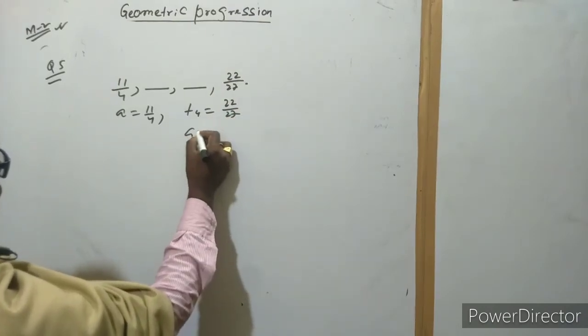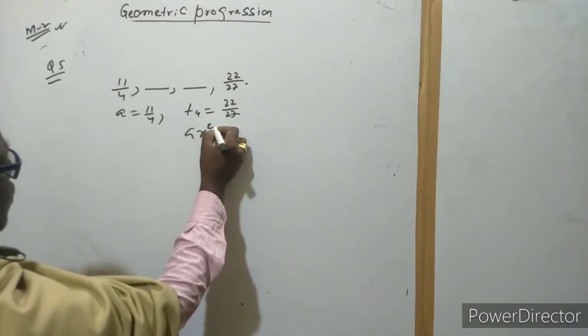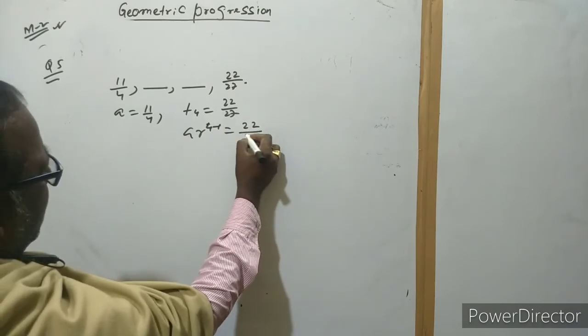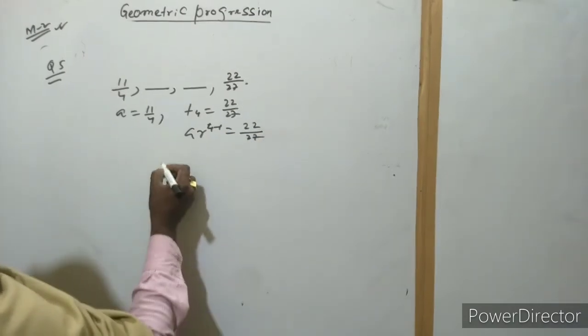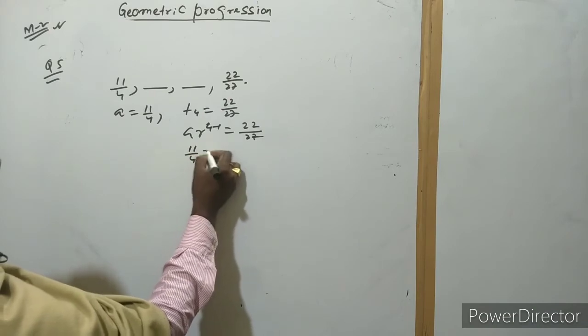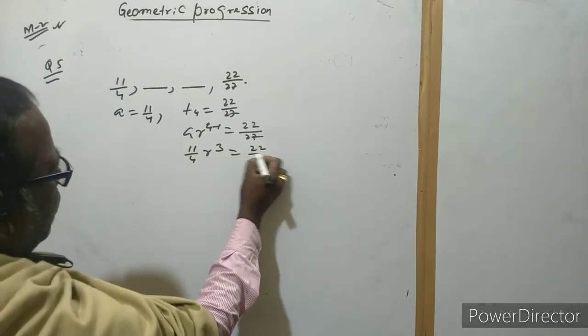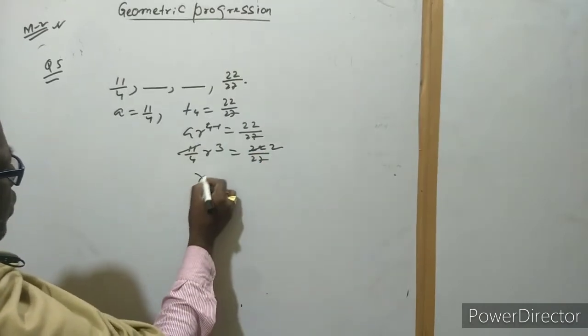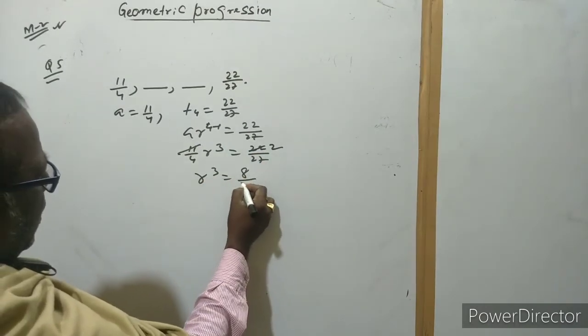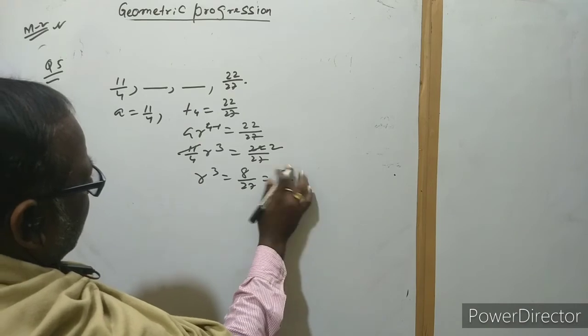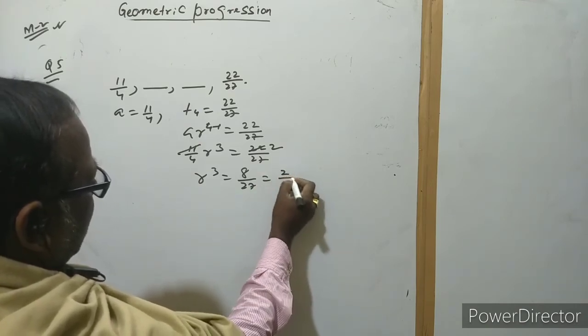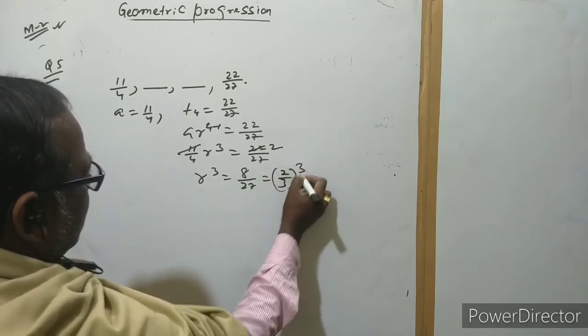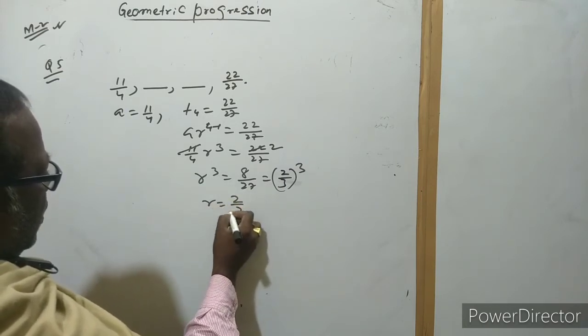We can easily write a into r to the power 4 minus 1 equals 22 by 7. a means 11 by 4 and r cubed is 22 by 7. So r cubed here is 8 by 27, that is 2 by 3 whole cubed. So r we get is 2 by 3.